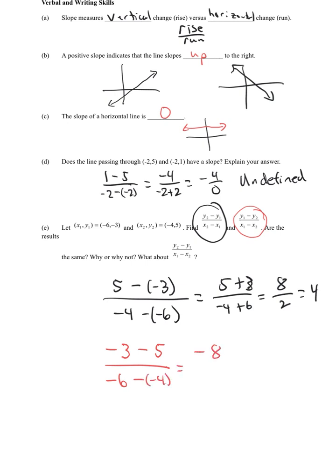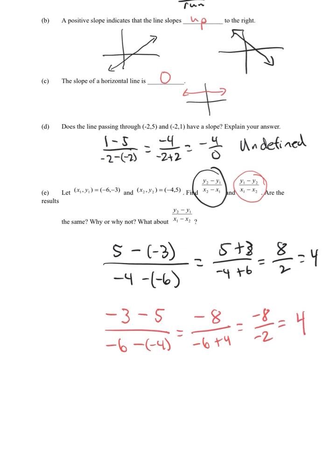So in that case, you get -8. Oh, wait a second. We had +8 up above. But down below, that would be -6 plus 4. So that would be -8 over -2. Oh, but look, you're back to the 4. So you can reverse them as long as you're consistent.